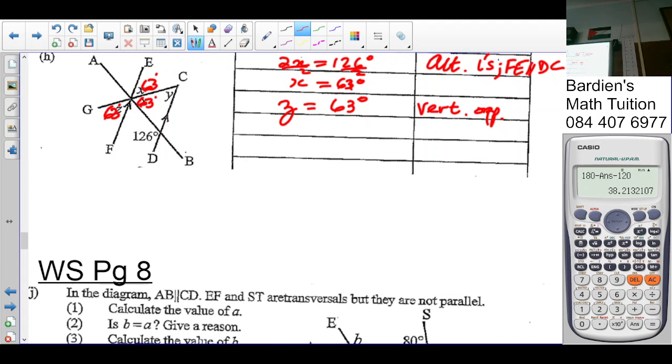How do you calculate Y? Yes, Blessing? Alternate angles. Can you see that, people? The Z is being formed there. You see it now?